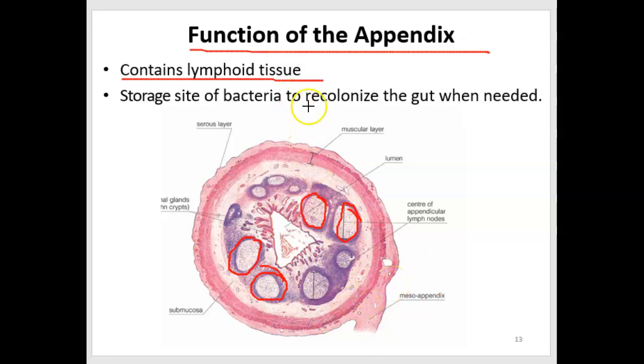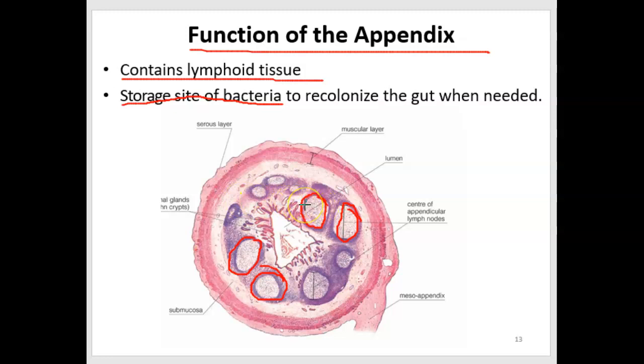And this is important because also located in the appendix are colonies of all the enteric bacterial types that we have. So it's a storage site for enteric bacteria.